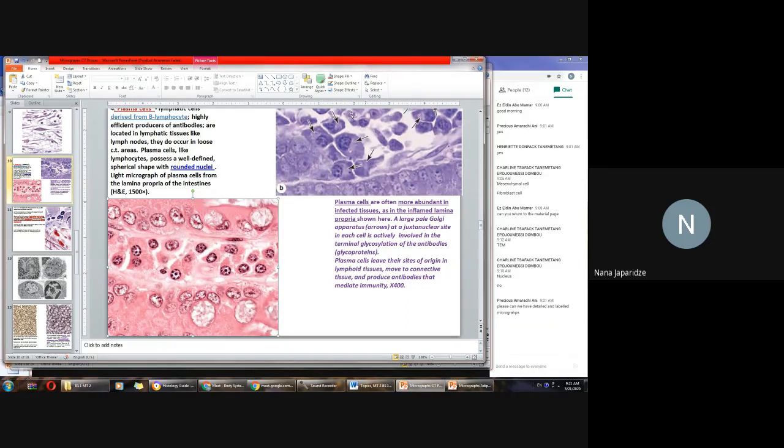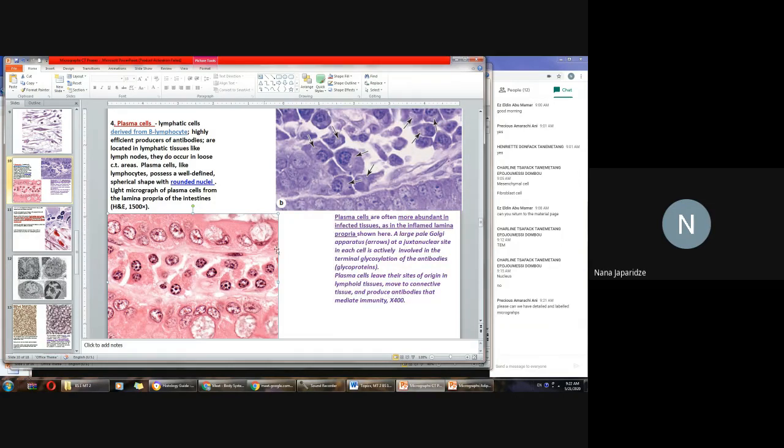described in the connective tissue proper are, of course, cells, blood cells, first of all, and there might be different types of leukocytes, macrophages, plasma cells, mast cells, and fibroblasts or fibrocytes.